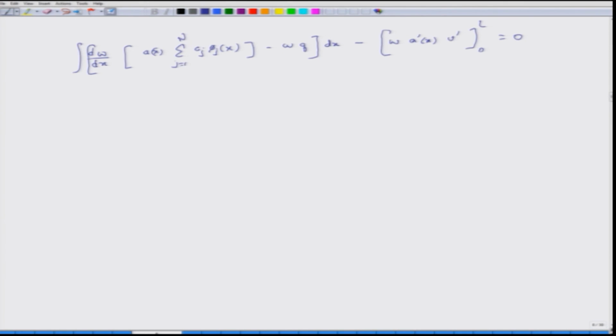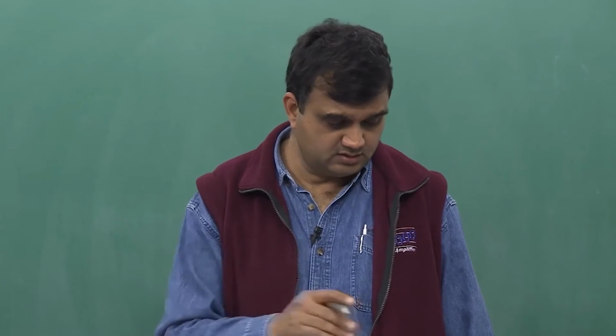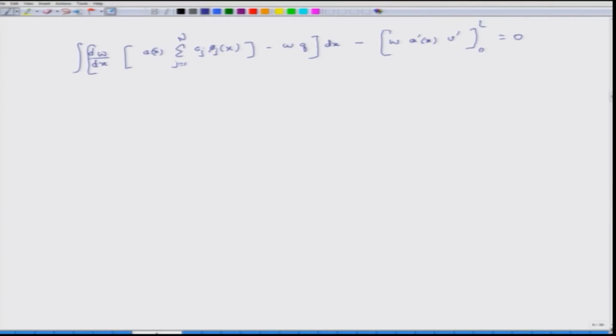Phi j is known, Cj is not known, there are n values of these unknowns, and W is also right now not known, but it is some weighting function. To find these n unknowns, I can pick n different weighting functions, and I will get n different equations. I can solve them and get the value of Cj. So, that is the overall thinking underlying the weak formulation.